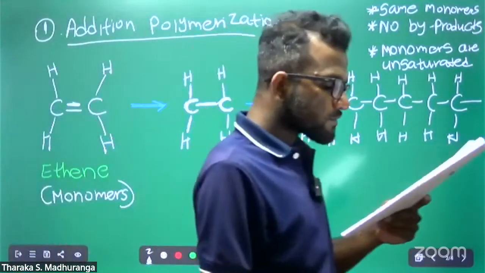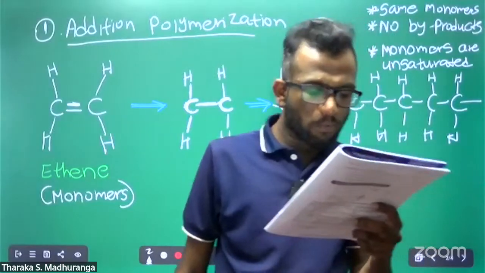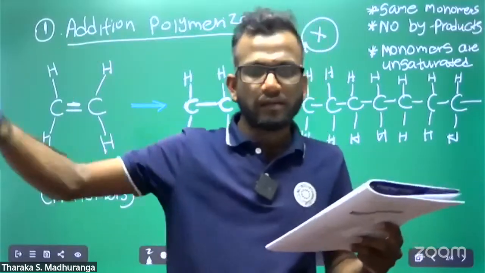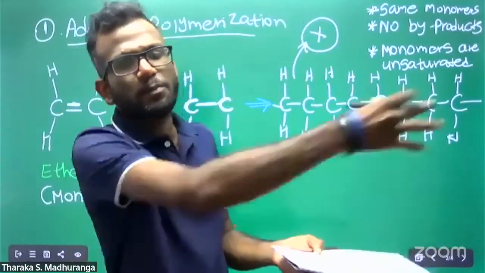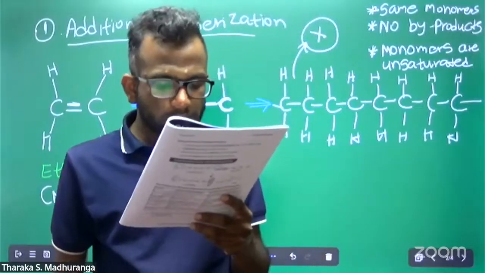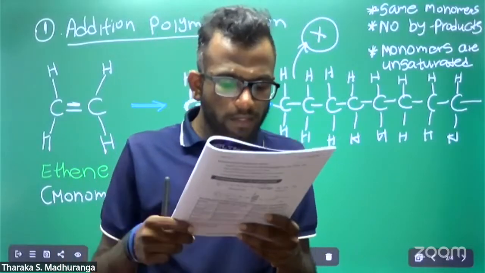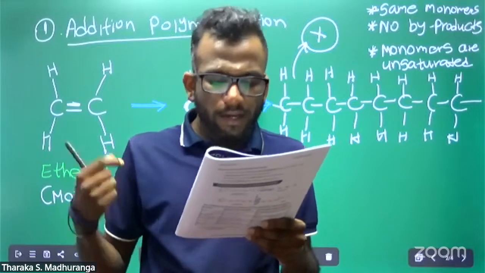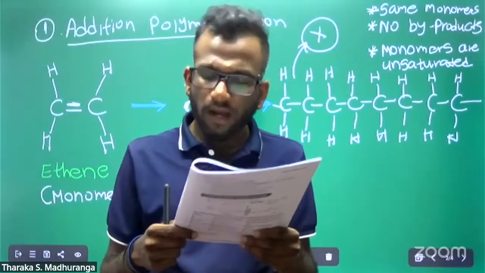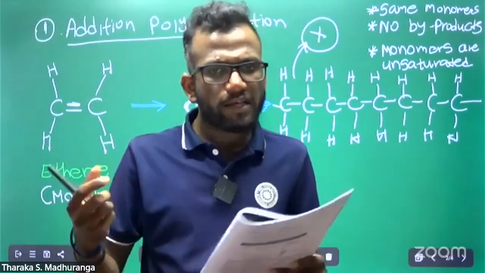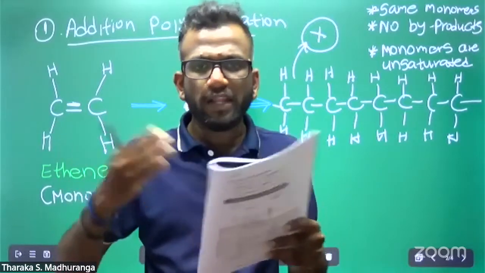No byproducts are formed, correct. The polymer structure is similar to the repeating monomer units. Ethene is repeating, nothing else. Initiators such as free radicals, cations, anions help start the reaction, with no elimination.